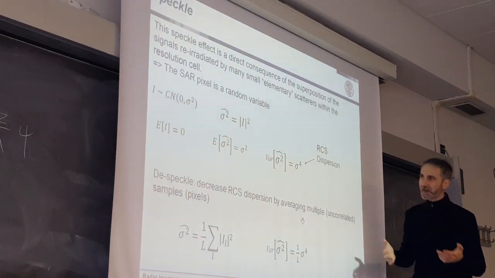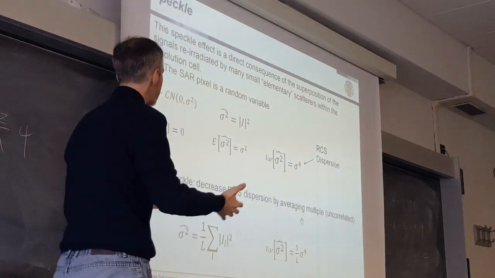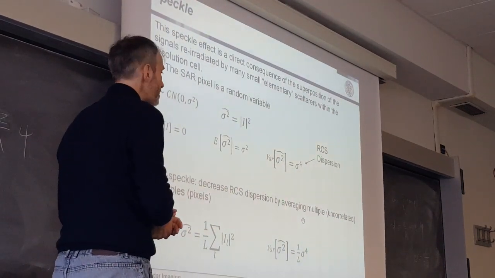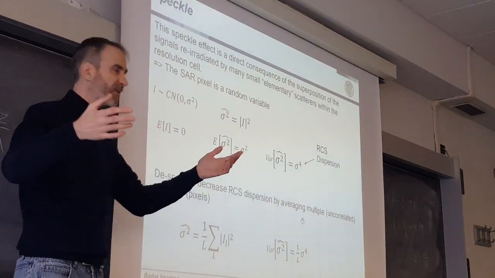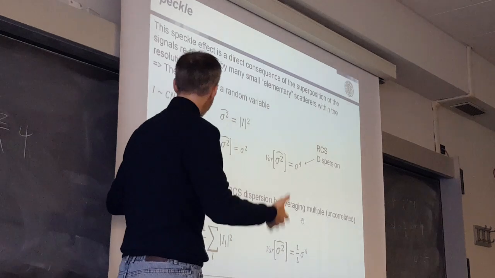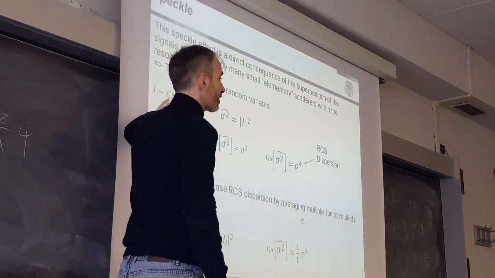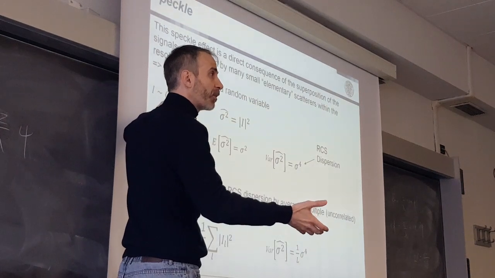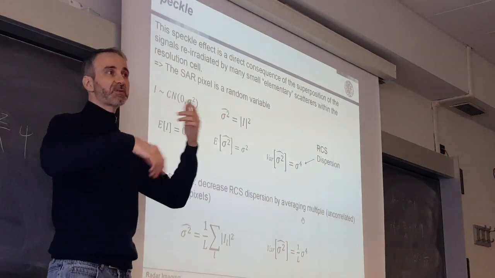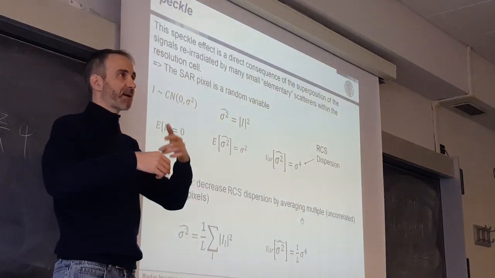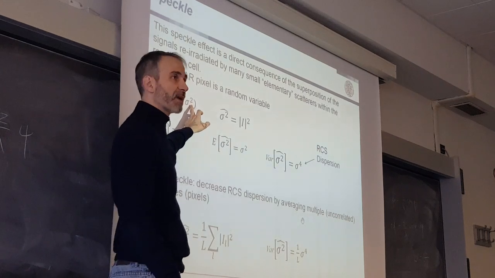So we can characterize this in a probabilistic way and say, since the pixel is contributed by many targets with different phases, then I can characterize my pixel as a complex Gaussian variable with zero mean, because on average there is constructive and destructive interference, with a certain variance.